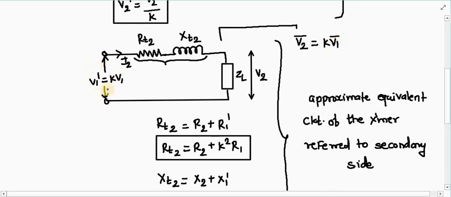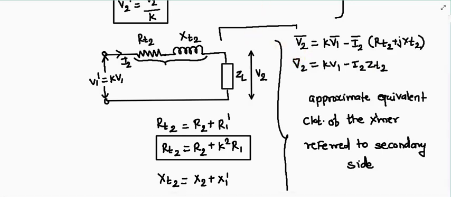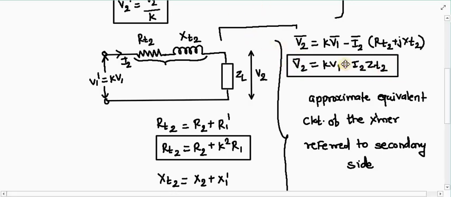It is nothing but the primary voltage referred to the secondary side, minus the drop in the impedances of the winding, means the drop in RT2 plus jXT2. What is RT2 plus jXT2? I can write this as ZT2, means the total impedance of the transformer referred to the secondary side, right? Just I will highlight this equation here.